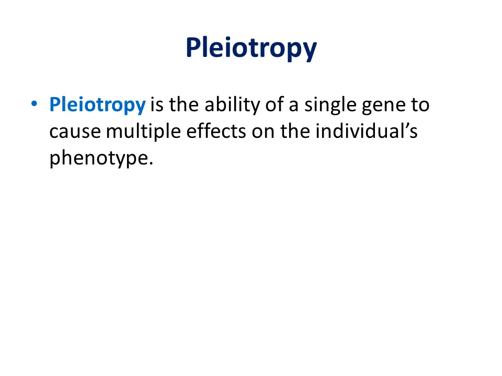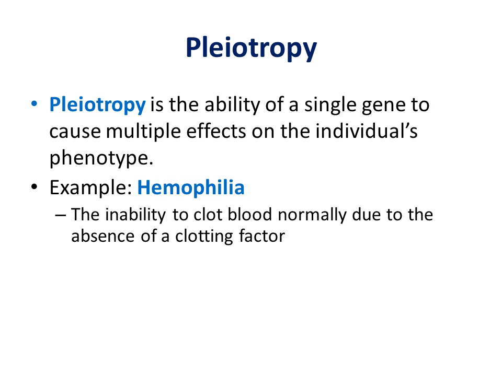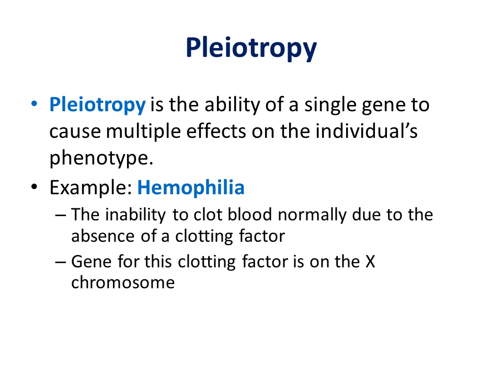The last topic to discuss is pleiotropy, and this is when a single gene has multiple effects on the individual's phenotype. So for instance, with regards to hemophilia, which is basically an inability to clot your blood due to the absence of a particular clotting factor, we know that this gene is on the X chromosome, but it's not only involved in blood clotting, and phenotypically we see this exemplified as general weakness, inability to clot blood, as well as easily bruising.